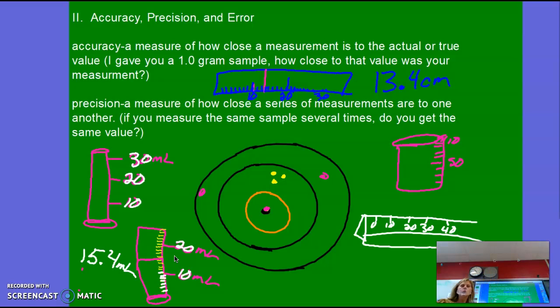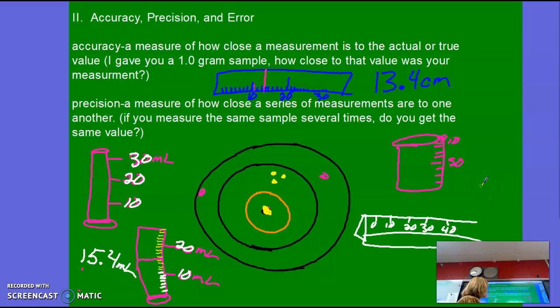If you are shooting an arrow at a target, your ultimate goal is to hit the bullseye of the target. And if you can do that, that means you're really accurate, usually. You're really accurate with your bow and arrow, right?